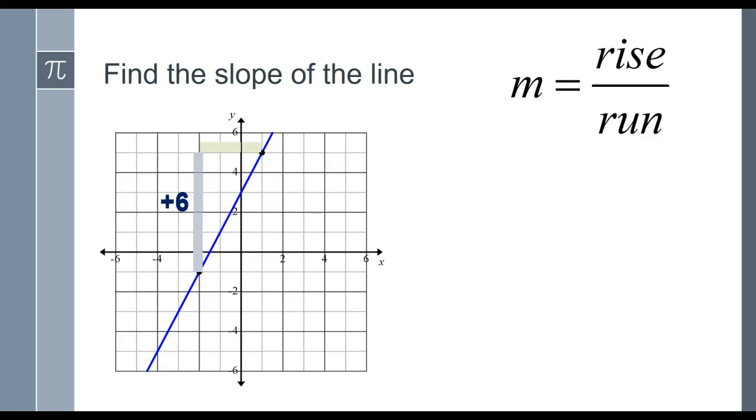And again, we moved to the right in the positive direction 3. So we're looking at a positive 6 to positive 3. So our rise was 6, our run was 3, and when we simplify our fraction, we get that the slope is 2.